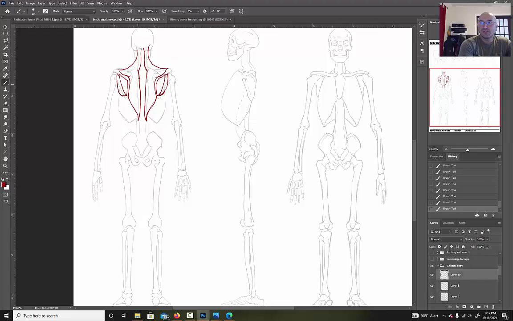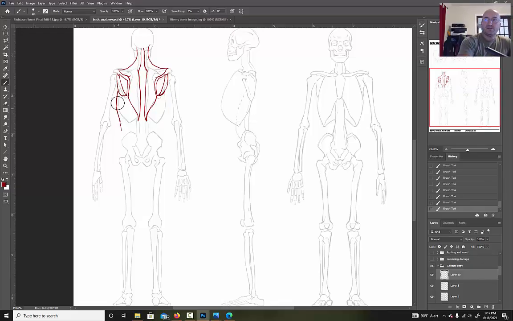The latissimus dorsi is the next largest muscle here, and you're going to wrap it around from the side of the rib cage, and it's going to follow all the way down.